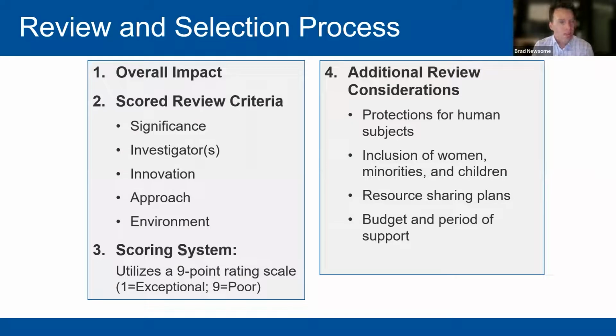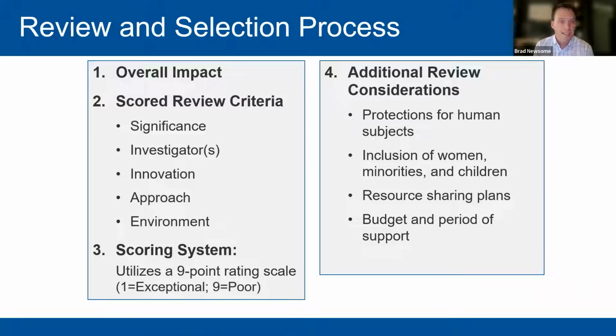This review process should not be confused with the similarities with the research hubs that were funded previously. This only involves a discrete research project, so these will follow the normal NIH review criteria that Laura discussed earlier. We'll look at overall impact. We'll look at the scored review criteria of significance, investigator strength, and innovation, approach, and environment.